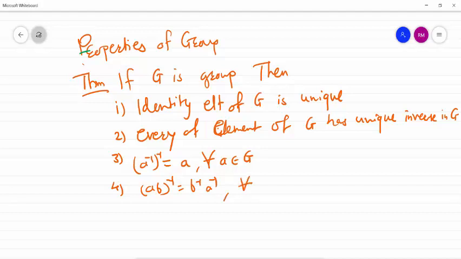This is not only true for some pair A, B, but for all pairs belonging to G.